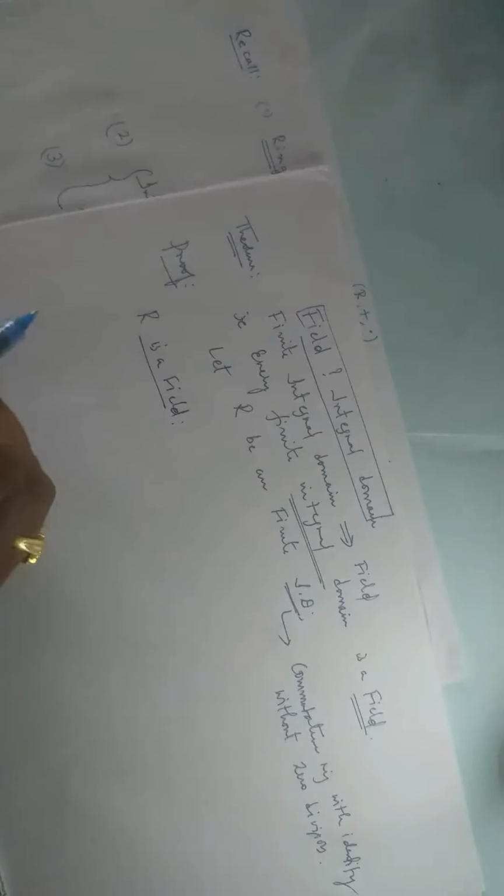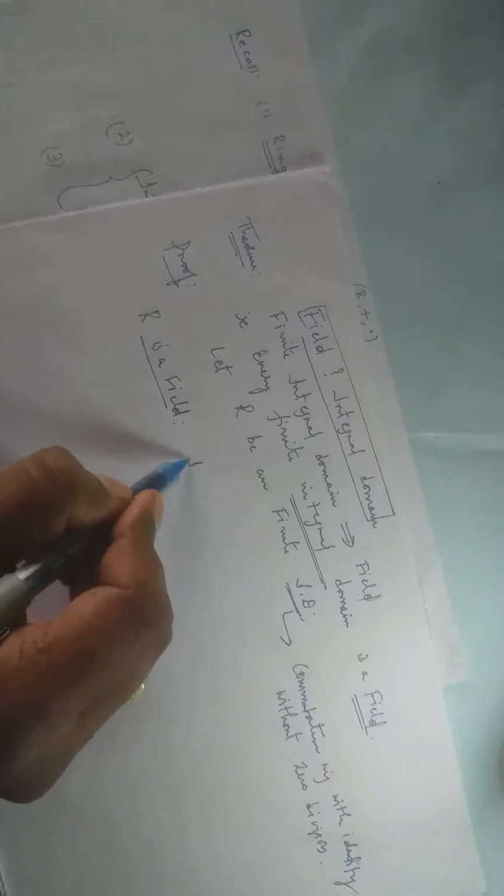Now, in order to show R is a field, it's enough if we show every non-zero element is invertible. Why? Because it's already a commutative ring with unity, or else identity. If every non-zero element is invertible, then it's a field.